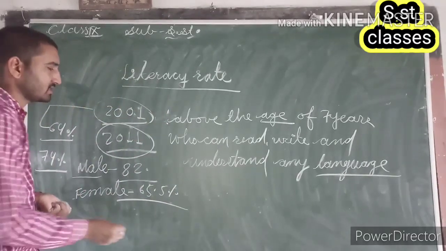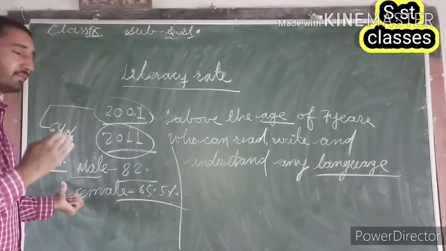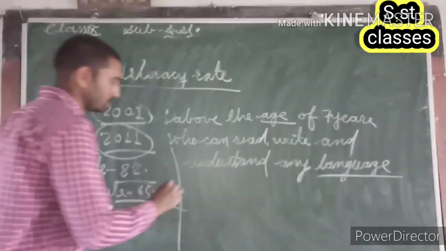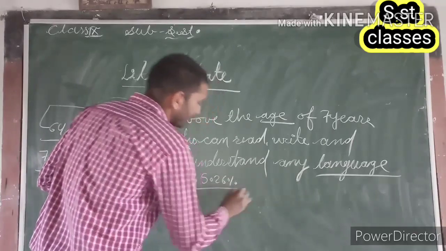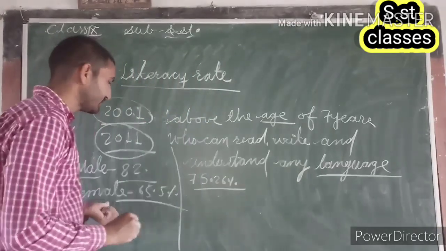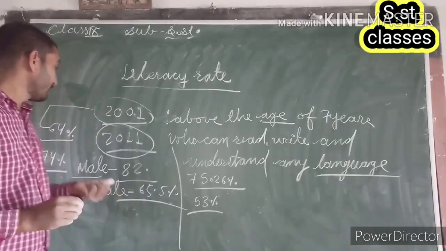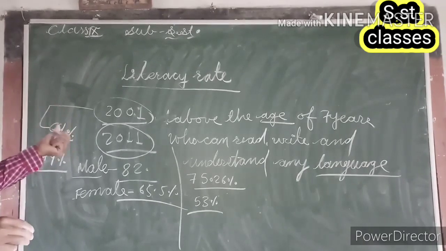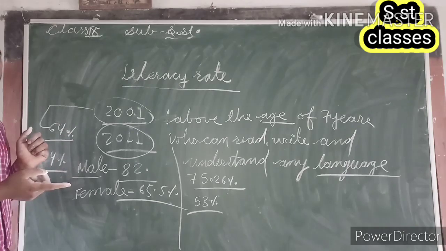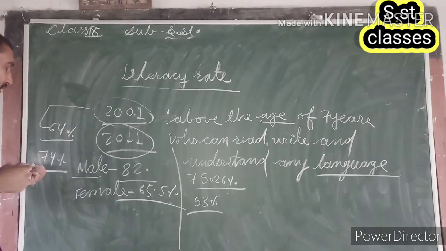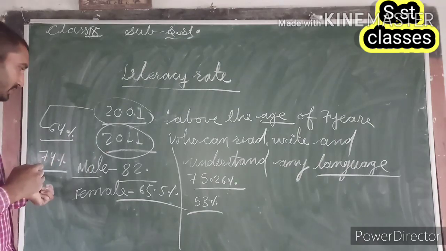If we talk about the census data of 2001, then the male literacy rate of India in 2001 was nearby 75.26%. On the other hand, the female literacy rate was nearby 53%. So the literacy rate of India in 2001 was 64%, or 64.84%. The total literacy rate of the country in 2011 was 74%.